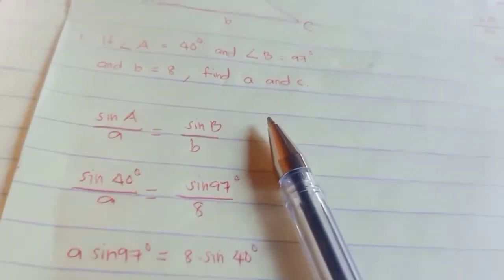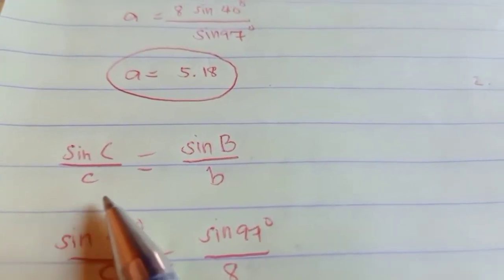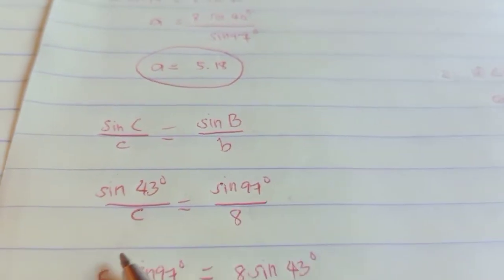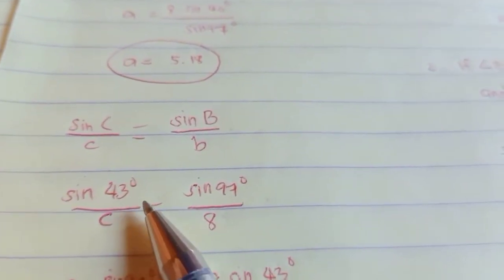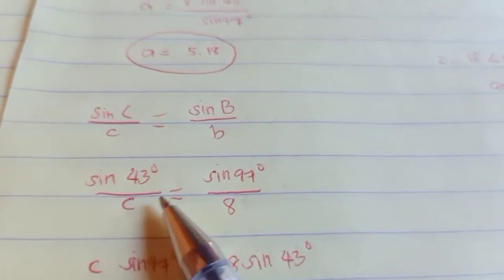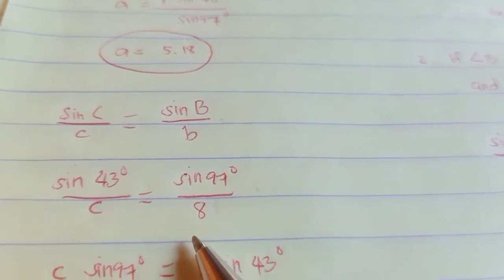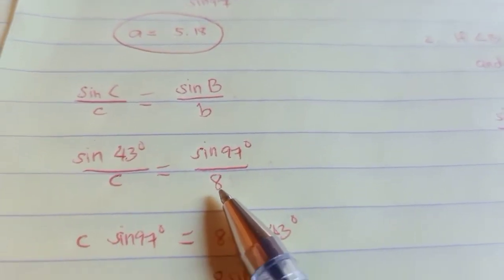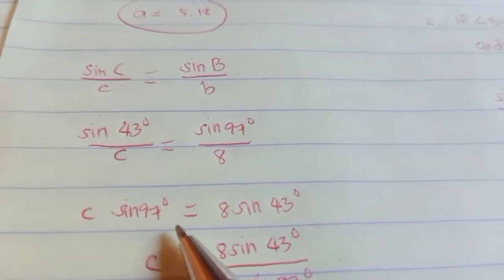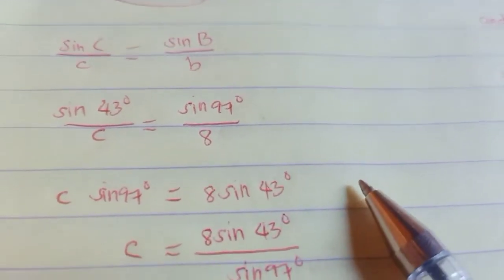To find c, we just have to use this formula: sine C over c is equal to sine B over b. So sine C, which is equal to 43 degrees, over c, is equal to sine B, which is 97 degrees, over b, which is equal to 8. Cross multiply, so c sine 97 degrees is equal to 8 sine 43 degrees.